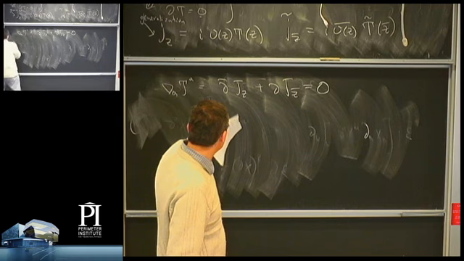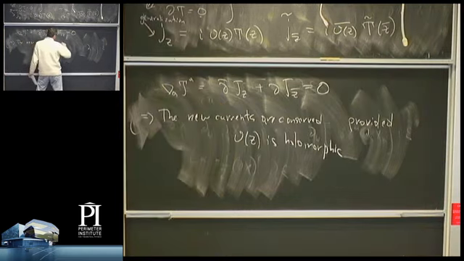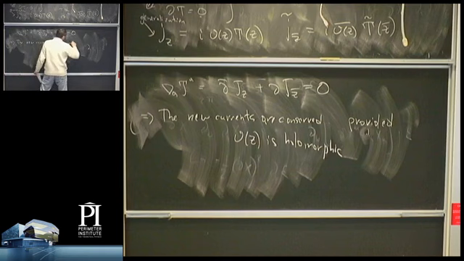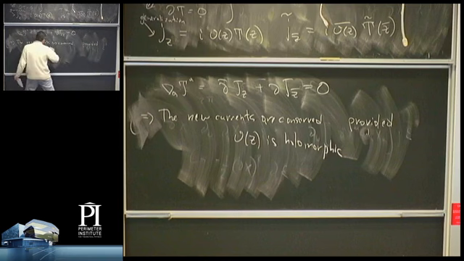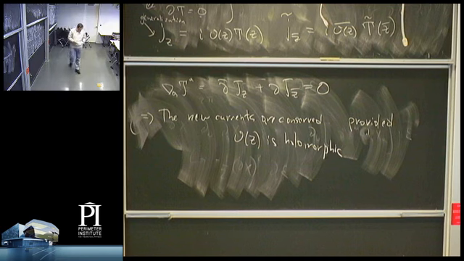So the new currents are conserved provided V of Z is holomorphic. As long as my function V of Z is holomorphic, then the whole product is holomorphic, and so it will vanish.